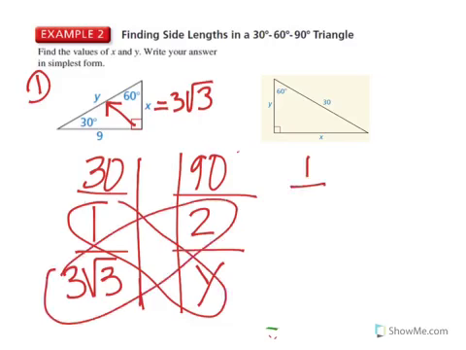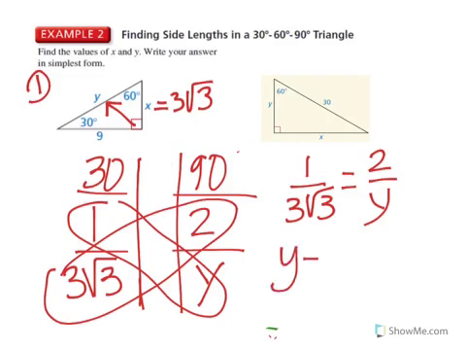So we would have 1 over 3 square roots of 3 would equal 2 over y. If I cross multiply, y times 1 is y. And then over here, I multiply my whole numbers together. So 2 times 3 would give me 6. So our hypotenuse, or our y, would be 6 square roots of 3.